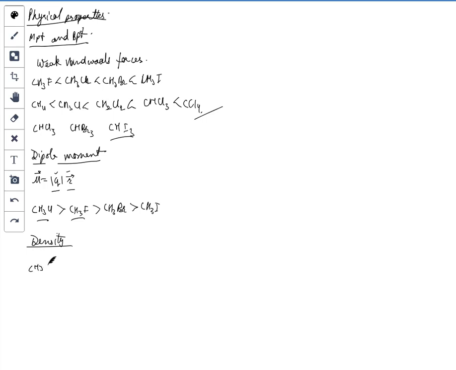Let's talk about CH3I, CH3CH2I, and CH3CH2CH2I. Which of these is going to have the highest density in the liquid or solid state?